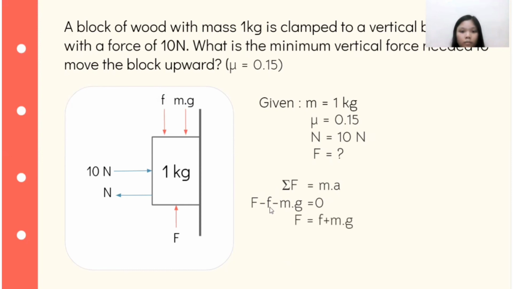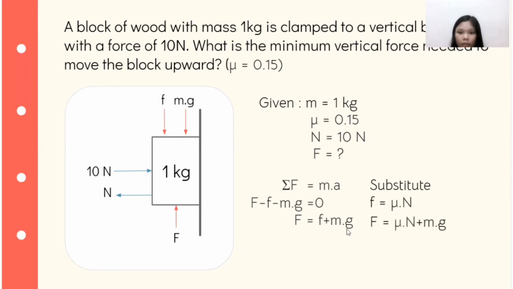So we transfer the friction and m times g to the right. So the force needed equals the frictional force plus m times g. We don't know the frictional force, so we need to substitute the formula F equals mu times N into this formula.